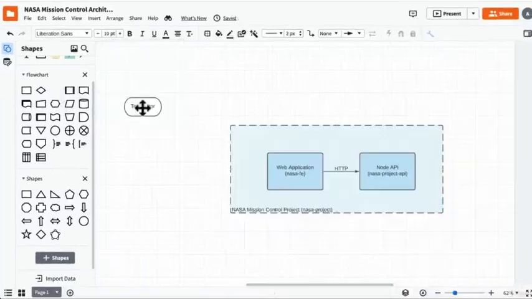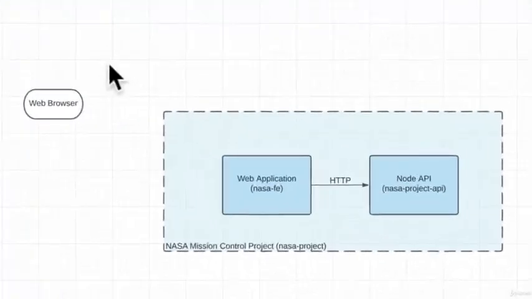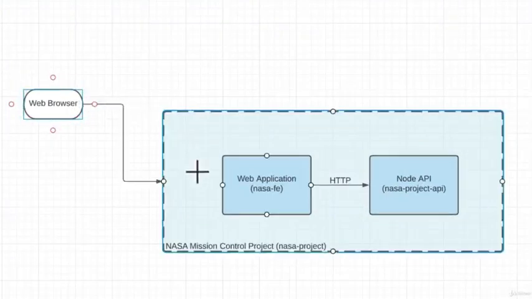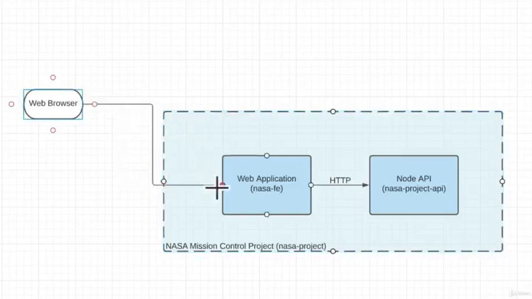And we're going to add the web browser as a component in our architecture. This is what interacts with our NASA project and specifically talks directly to our web application to get the HTML, along with our React code, which makes requests to our Node API.